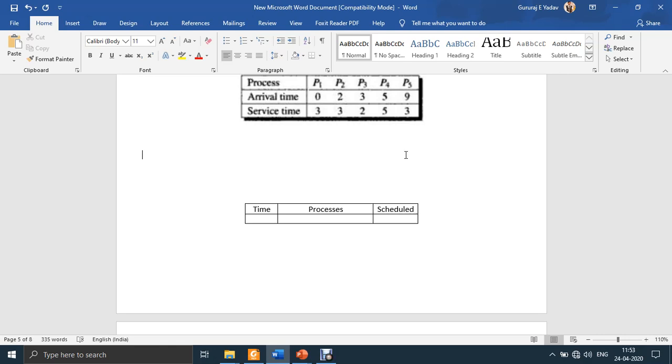In the previous lecture, we took an example and discussed how the processes are scheduled and which process will get the chance to execute, when, and for how much time. We discussed preemptive shortest job first, SJF, or least estimated completion time.